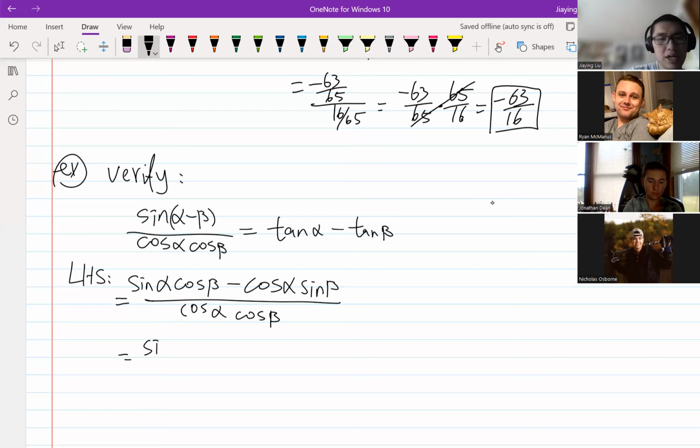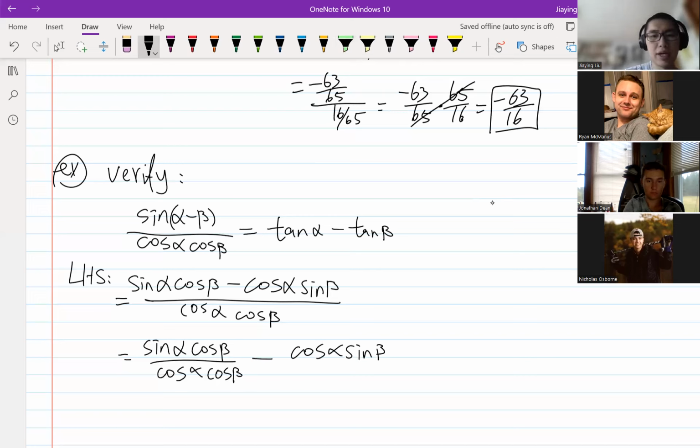So that's going to be sine alpha cosine beta divided by cosine alpha cosine beta. And immediately we can cancel the cosine beta, and minus cosine alpha sine beta over cosine alpha cosine beta. And we can cancel the cosine alpha in the second term.